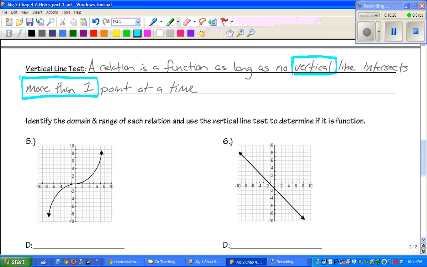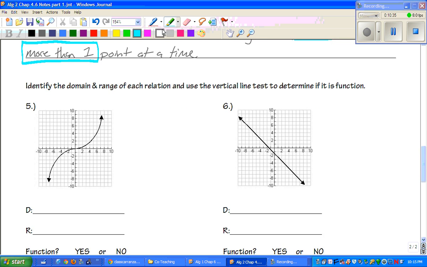So what we're doing here is we're going to draw lines, but the first thing that it wants us to know is what's the domain and what's the range of each function, okay? Now, the domain, all of your x's, remember that this is our x's and this is our y's.